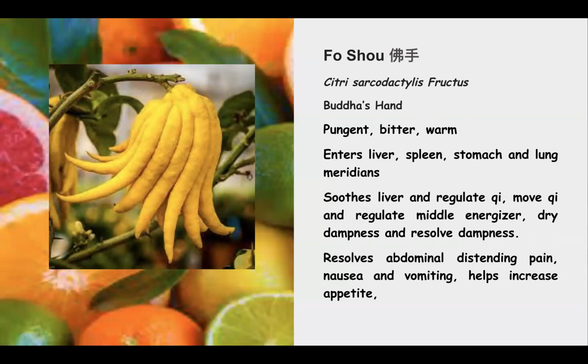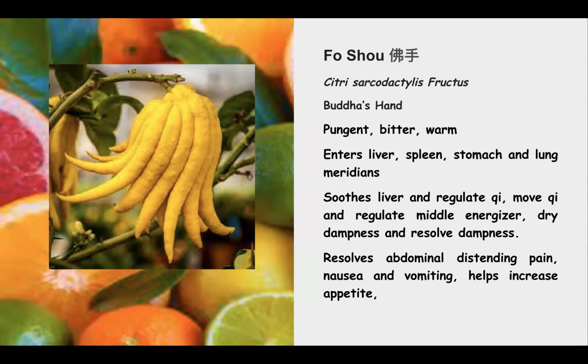If you buy the fruit mixture for your fruit cakes, this is called citron, and this is what it is. And it's a citrus. It's called Citri sarcodactylis fructus, and it's mostly peel. There's hardly any fruit section in there. It's just basically mostly peel.